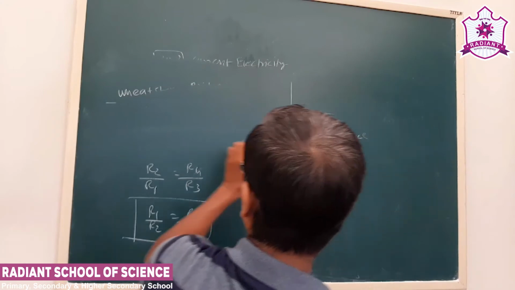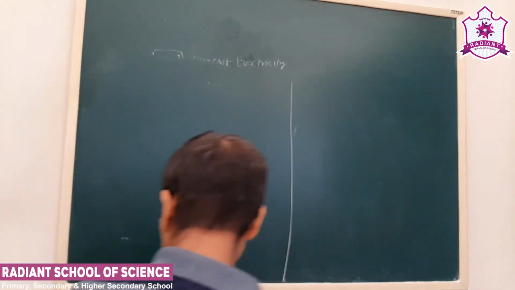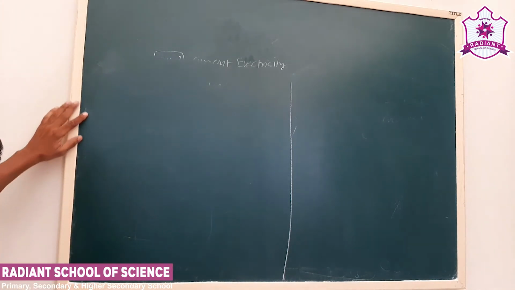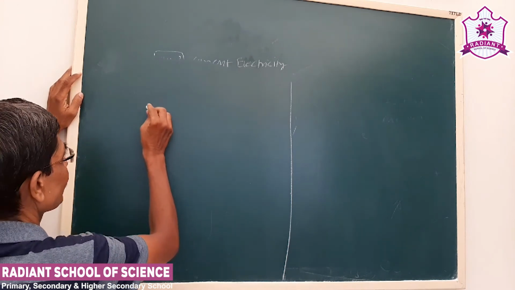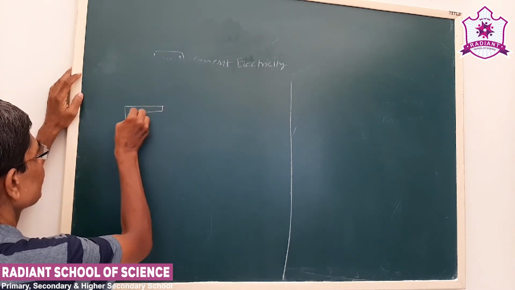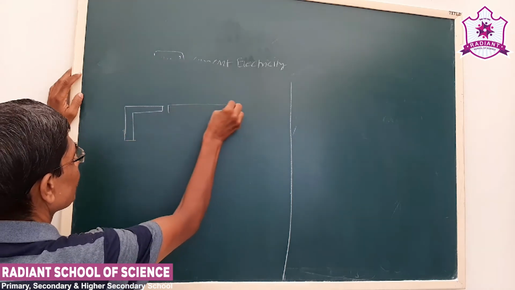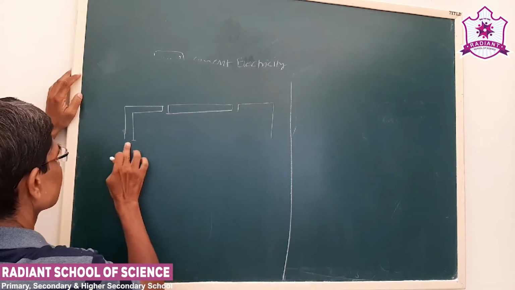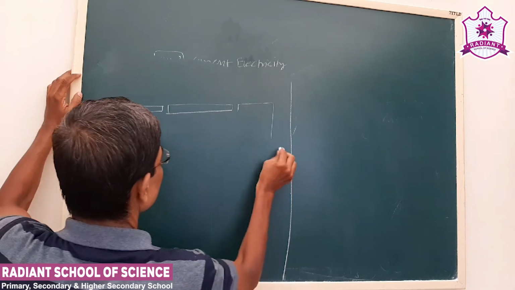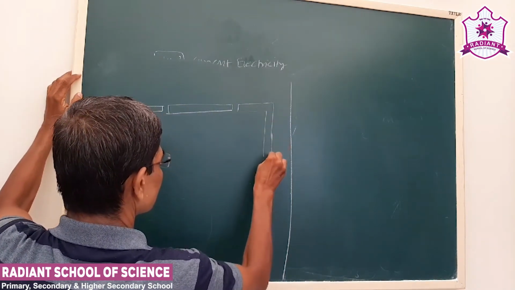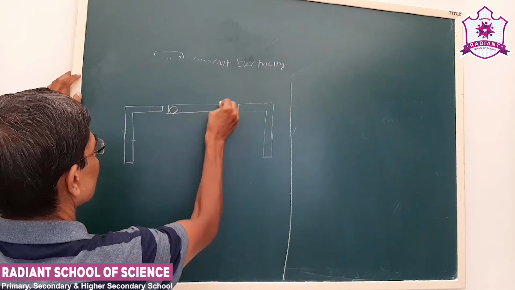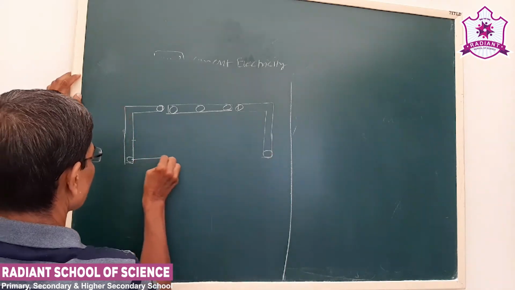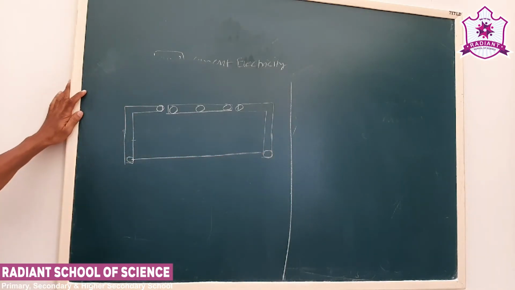Now next we have to see about the meter bridge. The meter bridge is a practical application. You will have an experiment in the laboratory also. So the meter bridge, as the name suggests, has 2 arms in this circuit.